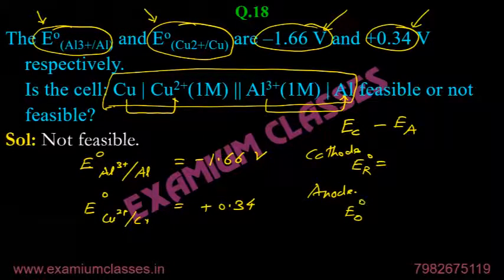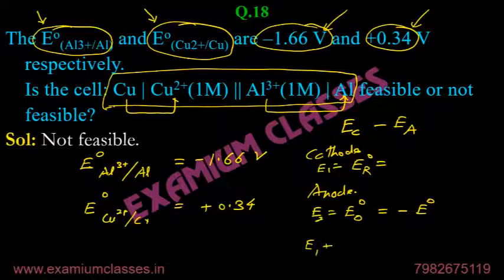Obviously, it will be the negative of the given value, the opposite of the reduction value for the anode reaction. And then obviously, instead of doing cathode minus anode, you can add. In that case, E1 plus E2 should be greater than 0.